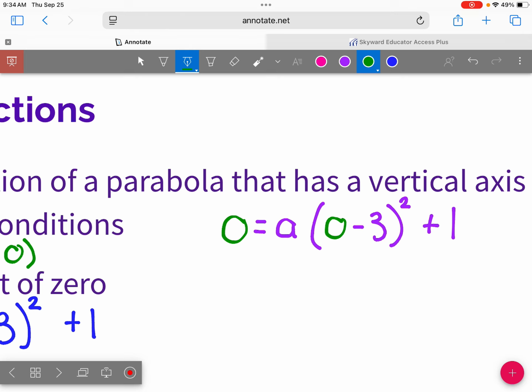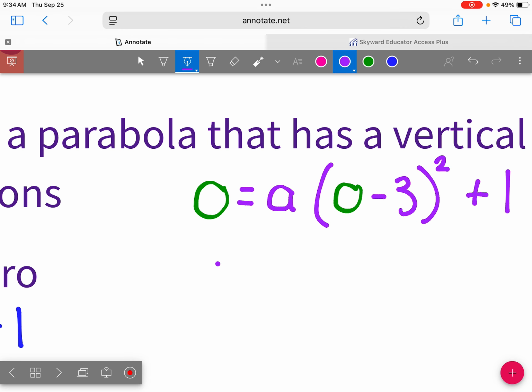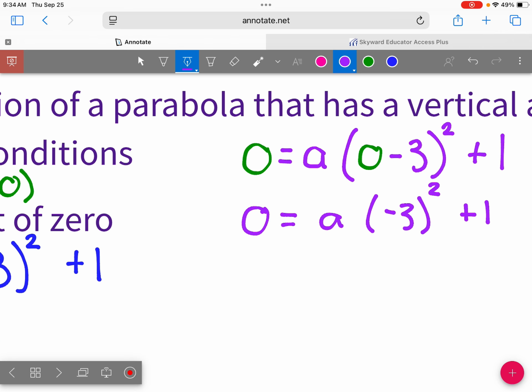It's really tempting to have a lot of things like zeros, they go away, because we need to simplify differently. So be really careful when we're simplifying, because this should be a times 0 minus 3, which gives us negative 3 squared plus 1.